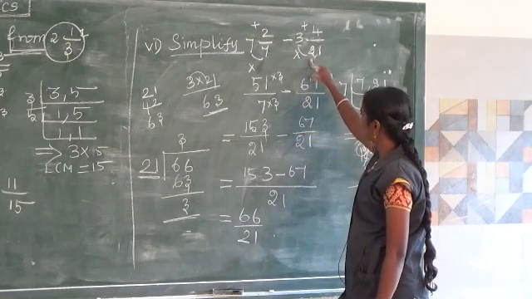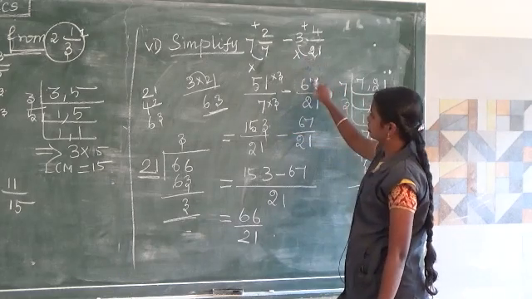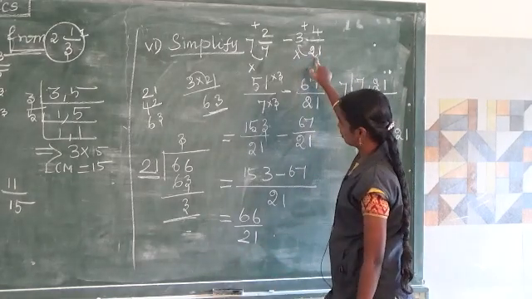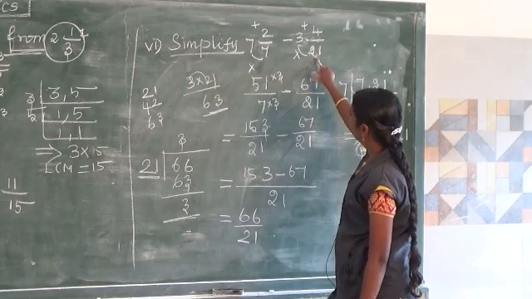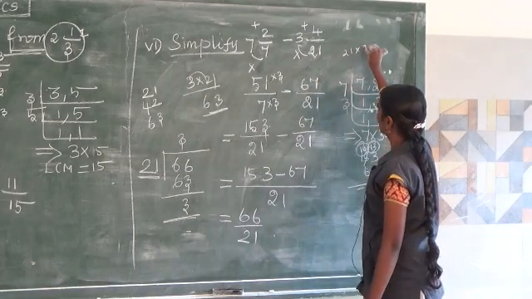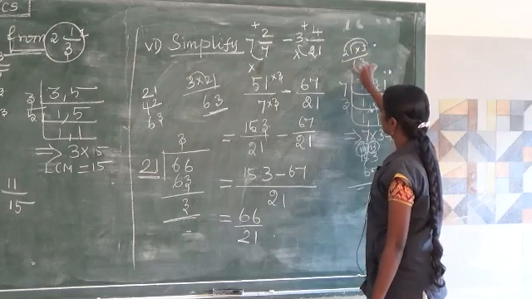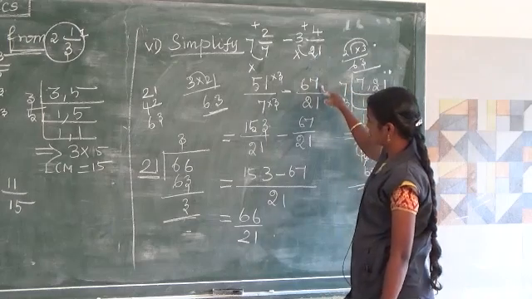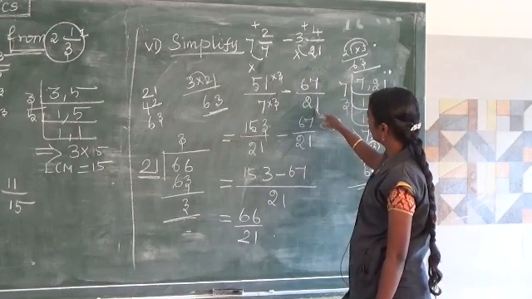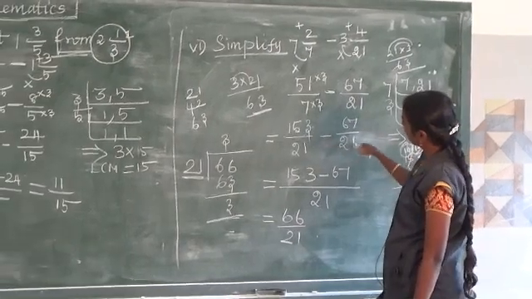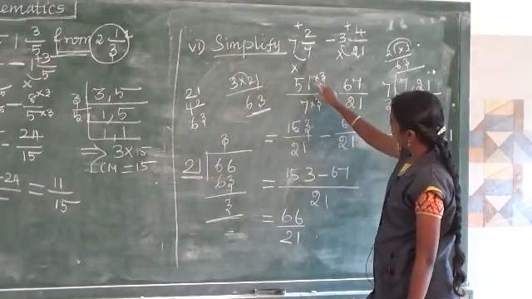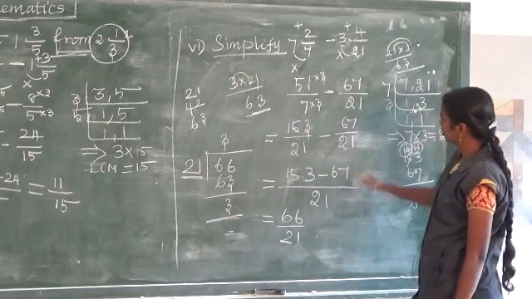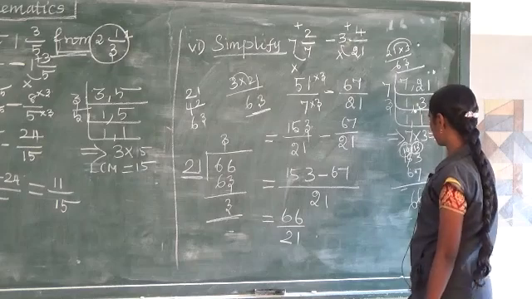Then 3 into 21, 63, 63 plus 4, 67, correct. 67/21. Then multiply 51 into 3: 3 ones are 3, 3 5s are 15, correct, 153. Then we will check the subtraction of 67.